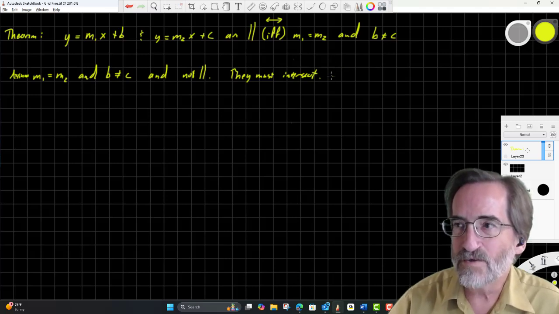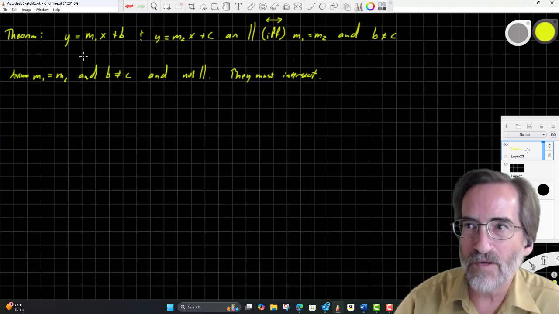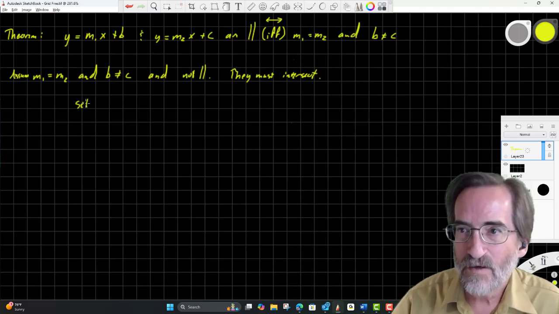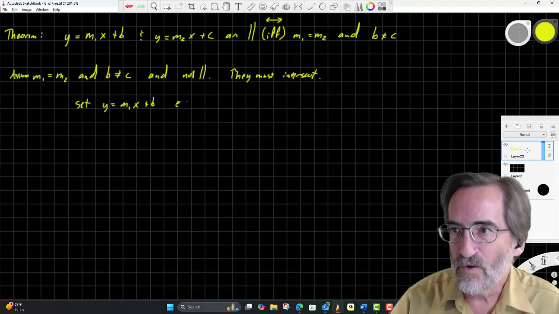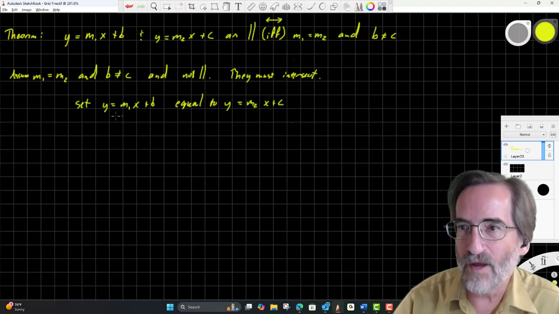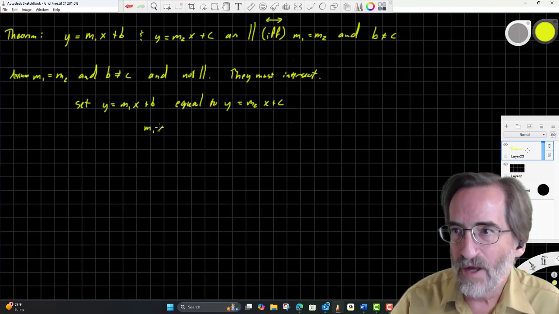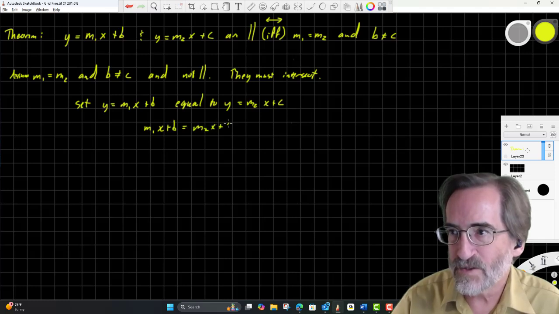Okay, and if they intersect, that means we should be able to set them equal to each other and find where they intersect. So set y equals m1 x plus b equal to y equals m2 x plus c. Okay, so let's do that. m1 x plus b equals m2 x plus c.